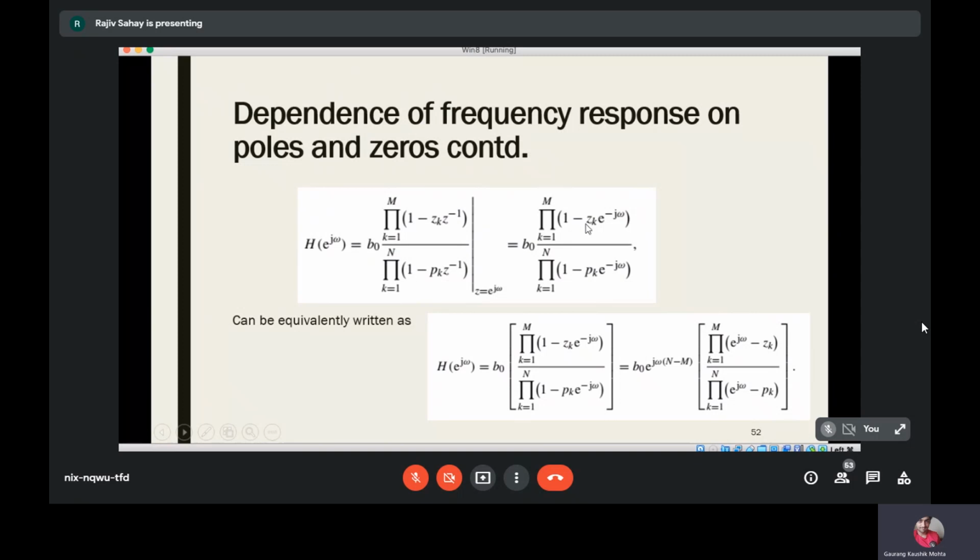We have just tried to simplify each of these terms a little bit. That is, we have taken e^{jω} and written it in terms of positive powers of e^{jω}, and that causes this extra factor to appear here.